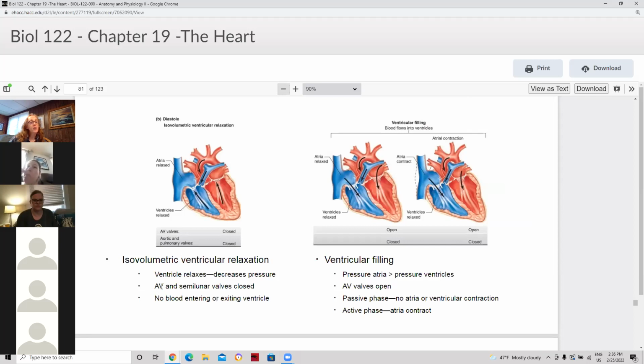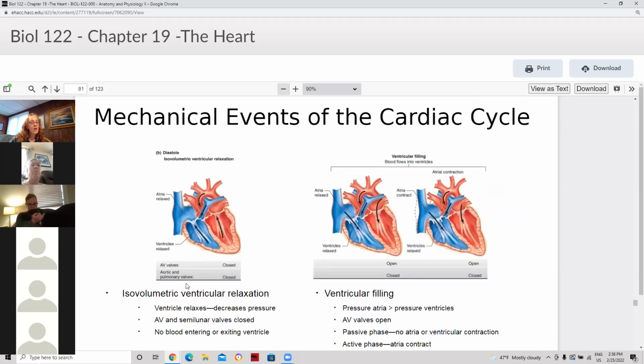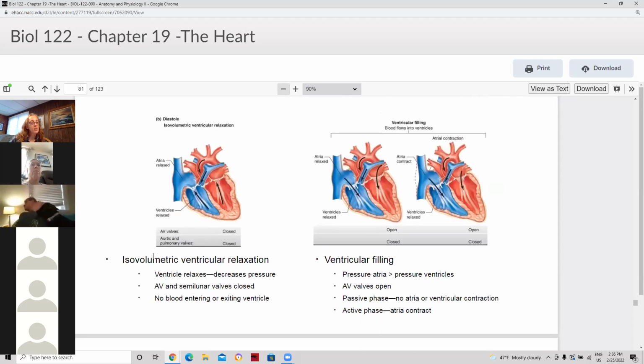And at that moment, the atrioventricular and the semilunar valves are both closed. This is during diastole. And when there's no blood entering or exiting the ventricle, that's why it's isovolumetric. There's no volume change of blood in the ventricles.